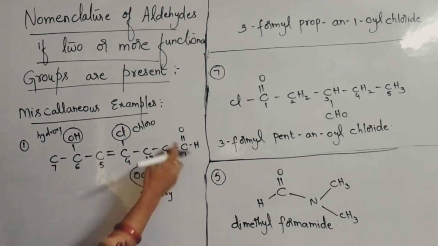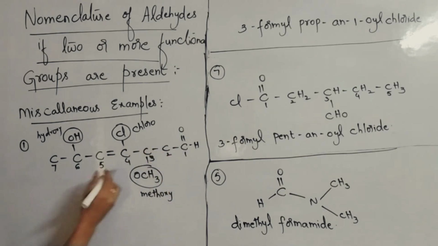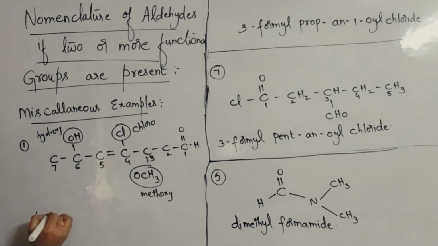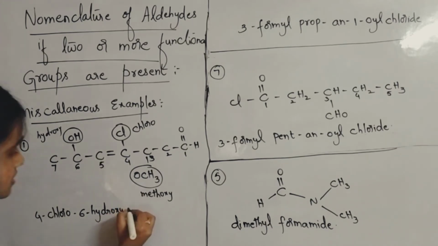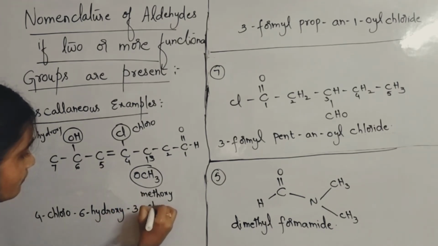Okay, so whatever it may be, then 4-chloro. After chloro, hydroxy you have to take. 6-hydroxy. And then methoxy you have to take. 3-methoxy. Okay, 4-chloro, 6-hydroxy, 3-methoxy.